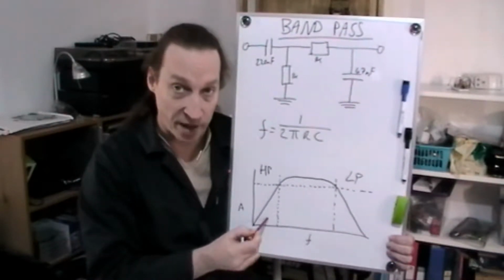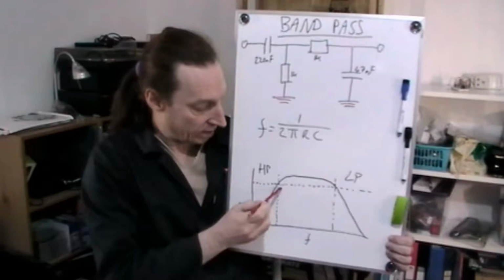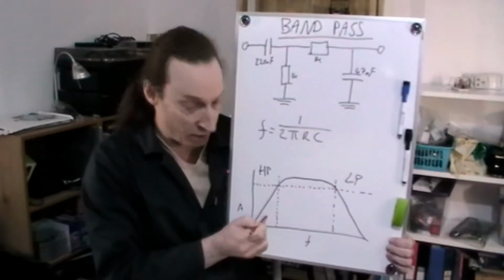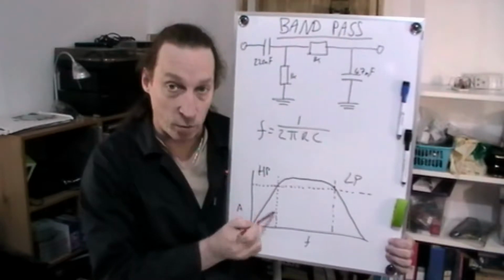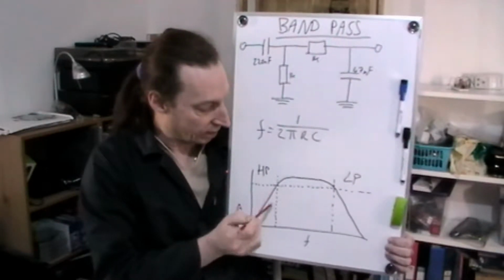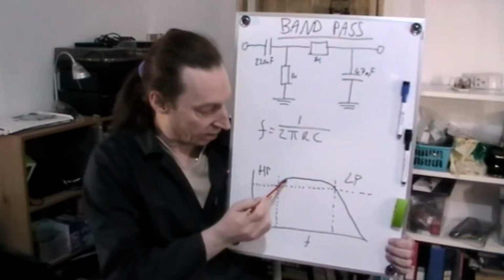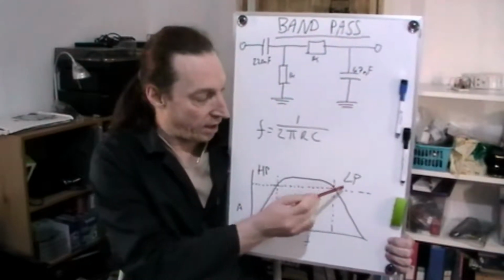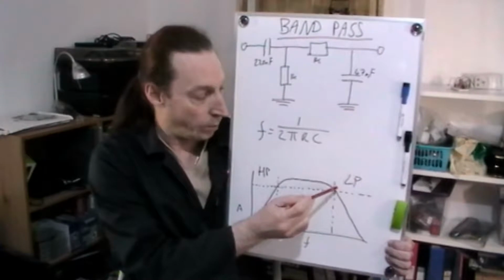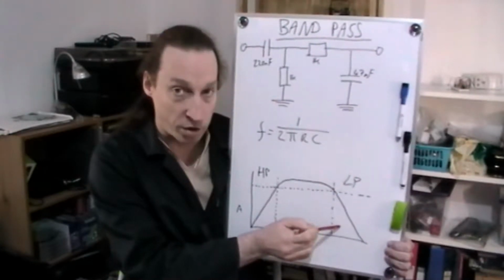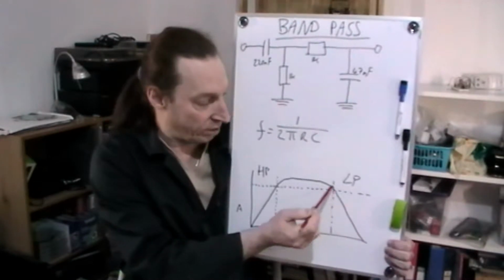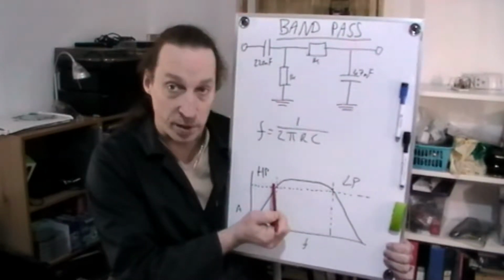If I put the high pass filter in first, and set it with a low cutoff frequency, it gets rid of all the stuff that I don't want that's below that frequency. So I don't get it, and then it comes up and then it's in the frequency bandwidth that I want. And then the low pass filter with a high frequency cutoff point will then attenuate anything above that and just allow through the frequencies below it.